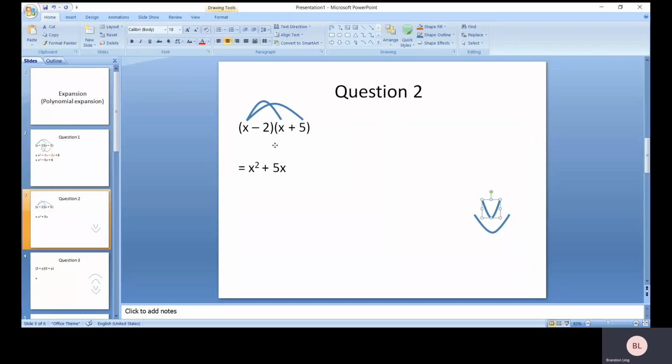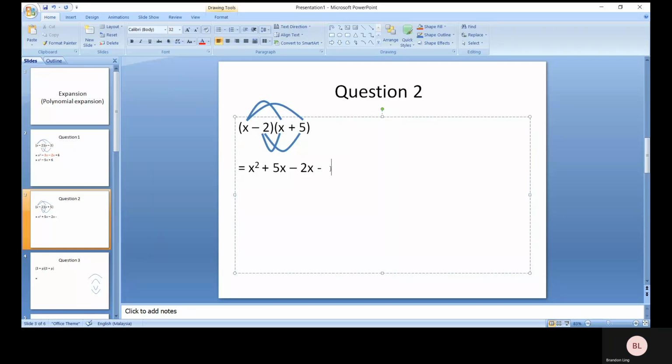Minus 2 times x, you get minus 2x. Minus 2 times 5, you get minus 10. We move on by combining these two values together. So when you combine, you get a 3x. And lastly, minus 10.